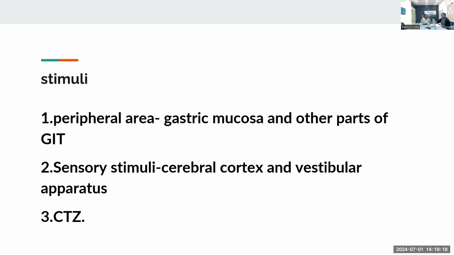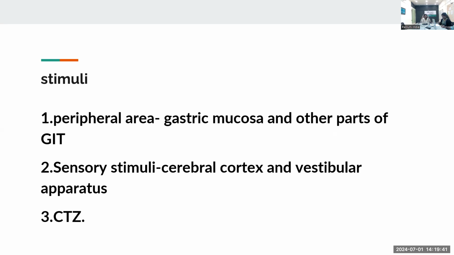I'm talking about the peripheral area, where when we take drugs or food, the gastric mucosa is involved, and also the other parts of the GIT. Second one, the sensory stimuli. We get two sensory stimuli from the cerebral cortex, the sight and the smell, all these things are controlled by the cortex.